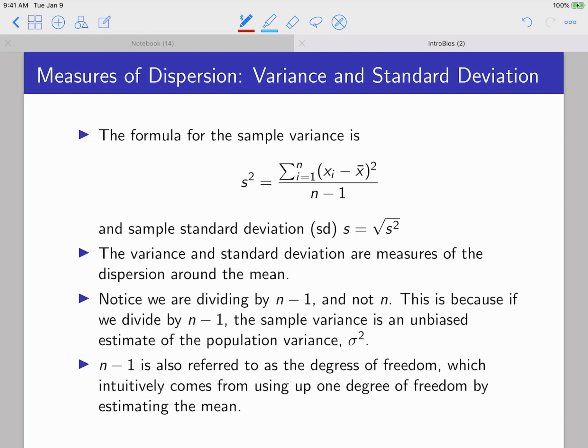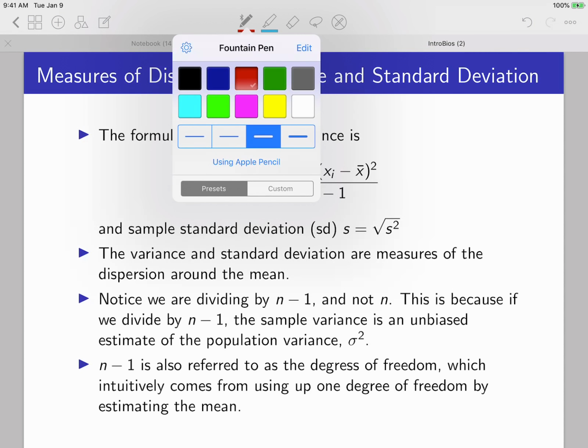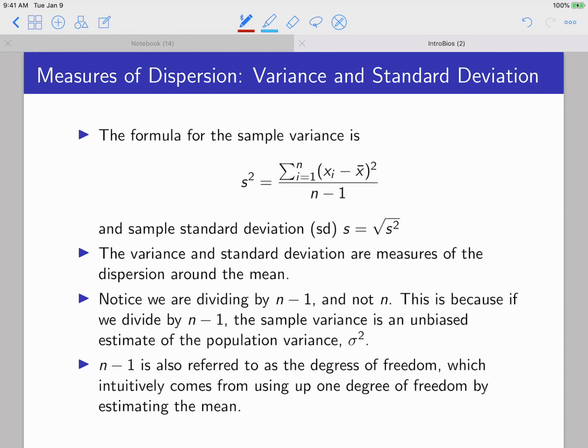The most common measures of dispersion are the variance and standard deviation, and what I have here in the first bullet is the formula for the sample variance, which we've denoted by s squared. It's a regular alphabet letter because it's not a population parameter.